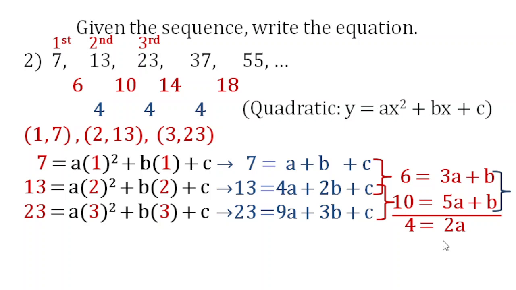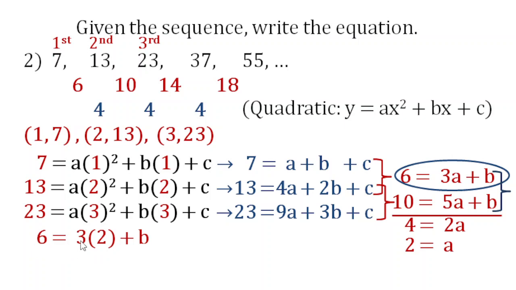So meaning to say our a here is 2. Now using this equation, 6 equals 3a plus b, we can find the value of b because we know that a is 2. So it's going to be 6 equals 3 times 2 plus b.